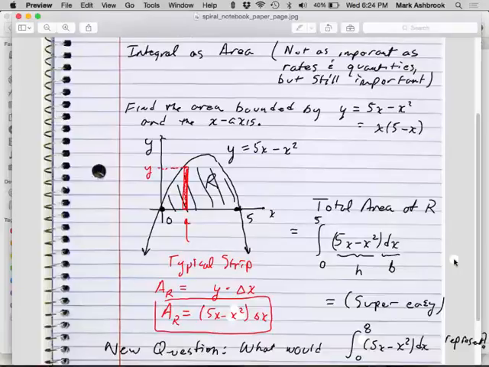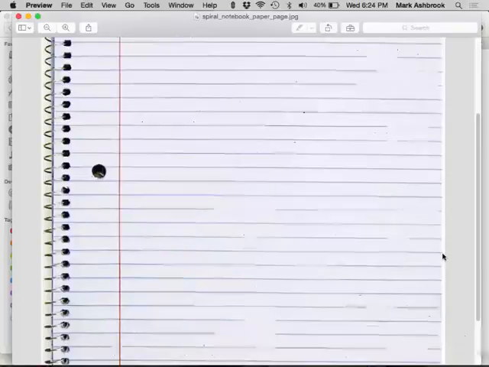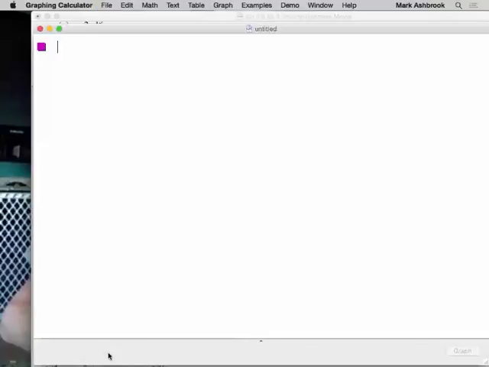Okay, so let's think about this. Let's graph this. Let's get a better picture. I'm about to erase. Any questions of all this? Okay, so let's take a look here. So what was it? y equals 5x minus x squared?